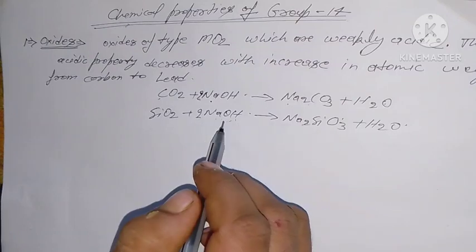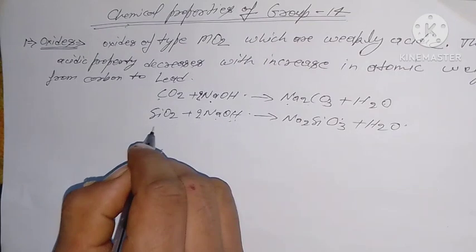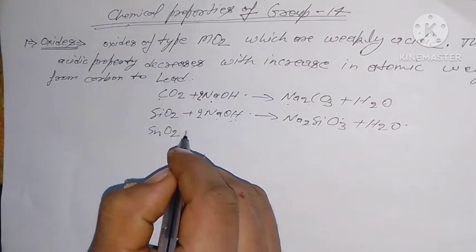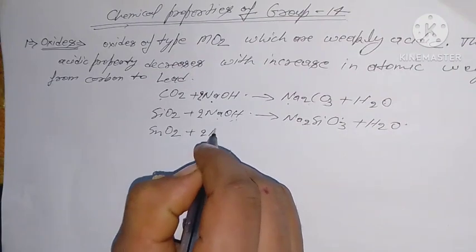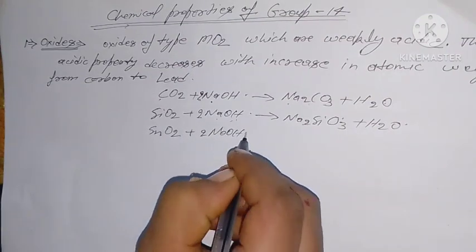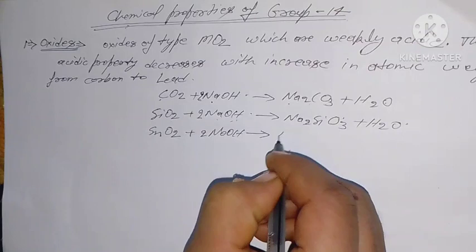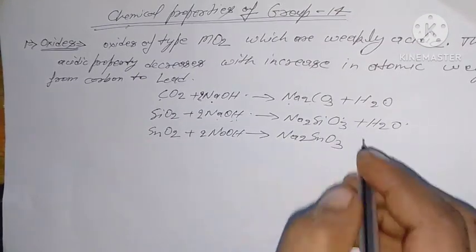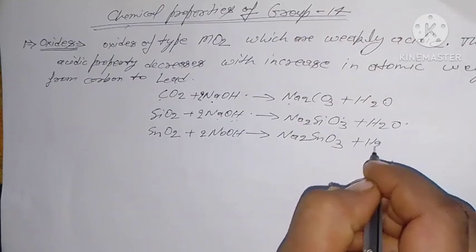Then next, SnO2, tin dioxide, plus 2NaOH gives Na2SnO3 plus H2O.